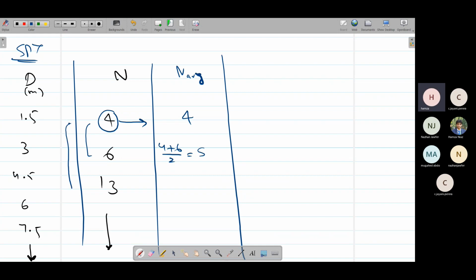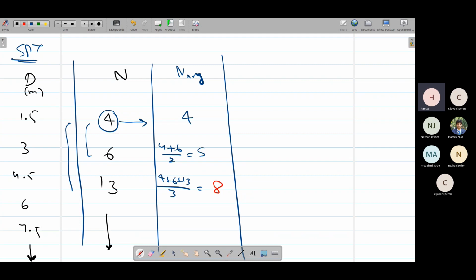For the third layer, 4 plus 6 plus 13 divided by 3, that is 23 by 3, about 7.67. We'll round it to the nearest whole number, so we take it as 8. This way we can get the n average values.